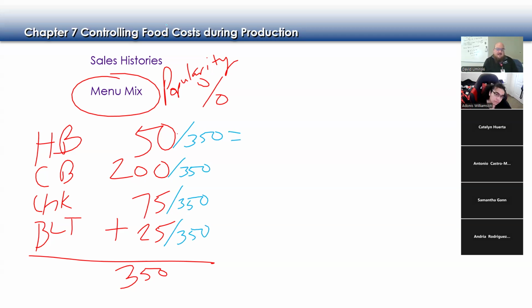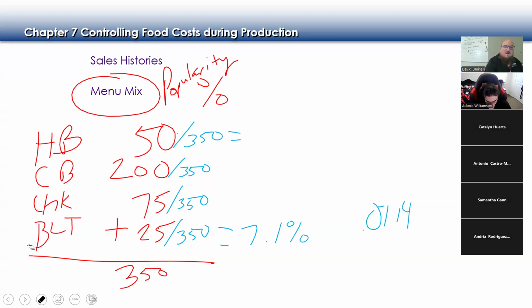Let's start with the 25 first. 25 divided by 350 is equal to 0.0714. So we're gonna call that 7.1%.